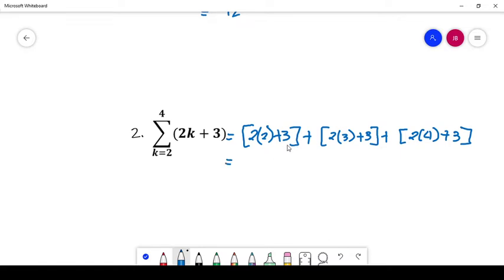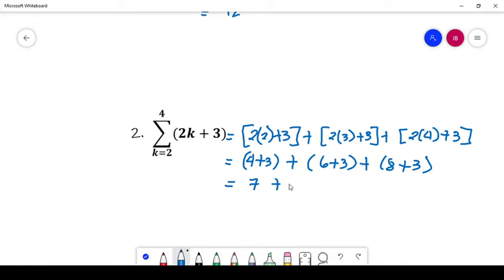Now, in every parenthesis that we have, 2 times 2, we have 4 plus 3. Okay? Plus 2 times 3, 6 plus 3. Plus 2 times 4 is 8 plus 3. And then 4 plus 3, 7. Plus 6 plus 3, we have 9. Plus 8 plus 3, we have 11.